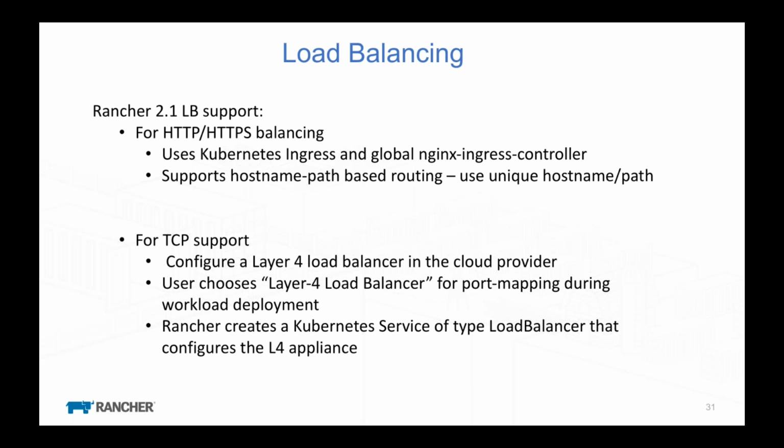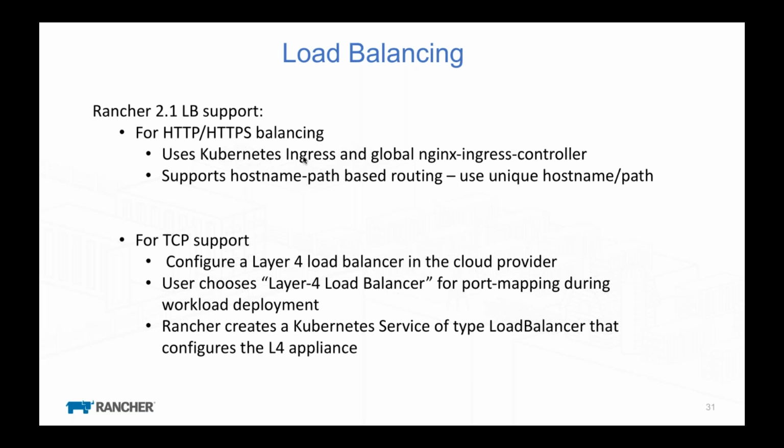The only caveat here is that you have to use unique hostname and path-based routing rules. This is because the nginx ingress controller is launched globally, so the same node IPs are being used to forward traffic for all workloads. And Kubernetes ingress only applies to ports 80 and 443.